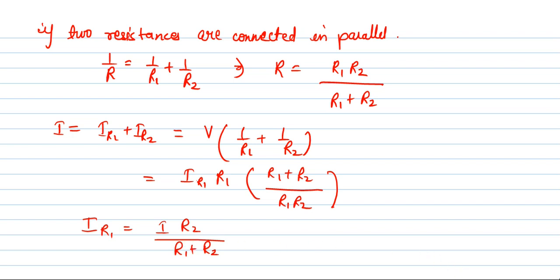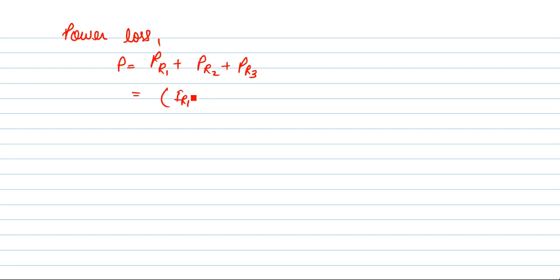Now let's see the next formula for parallel connection, that is power loss. Let's calculate power loss in a parallel circuit. That is, P will be equal to PR1 plus PR2 plus PR3. So that will be equal to IR1 square into R1 plus IR2 square into R2 plus IR3 square into R3.